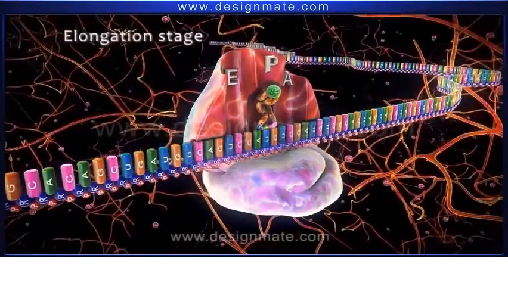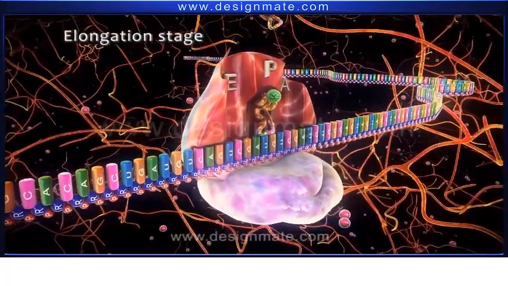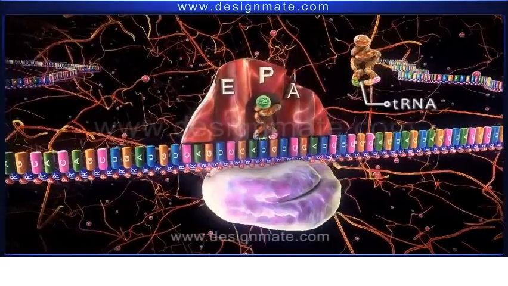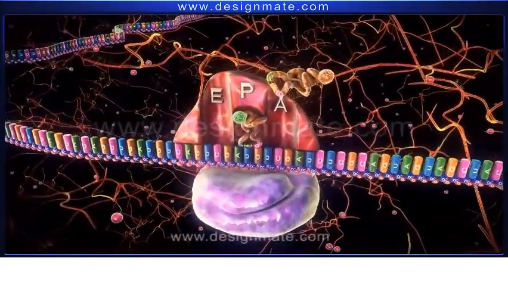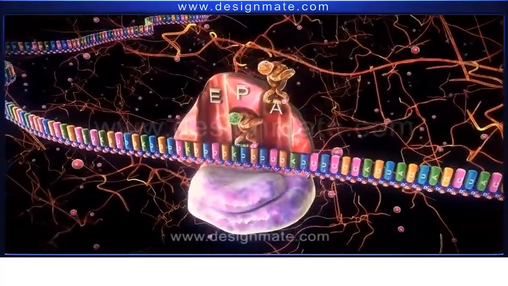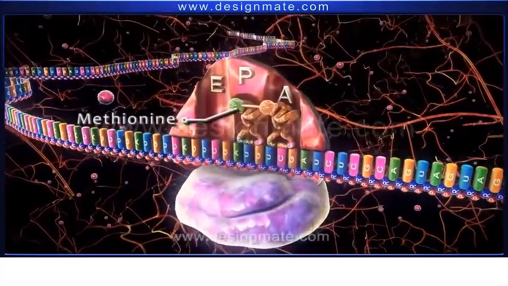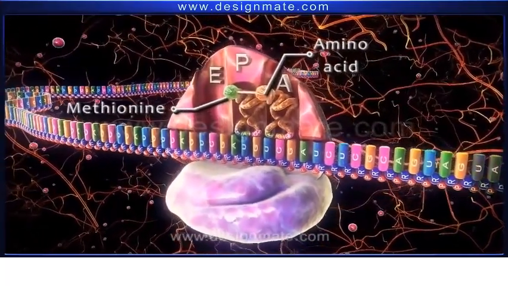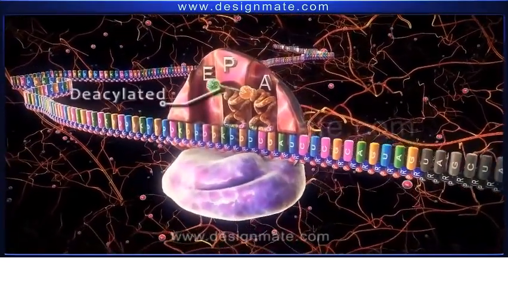This is followed by the elongation stage. During this stage, another tRNA carrying an amino acid approaches the mRNA-ribosome complex and fits in the A site. Then a bond is formed between methionine and the amino acid on the tRNA. As a result, met-tRNA becomes deacylated.